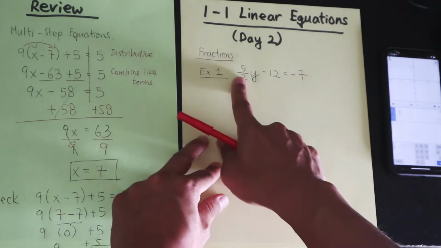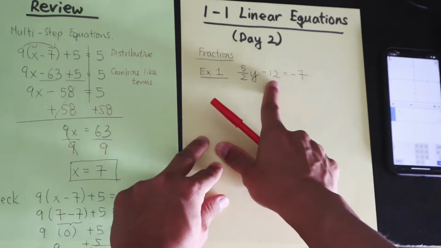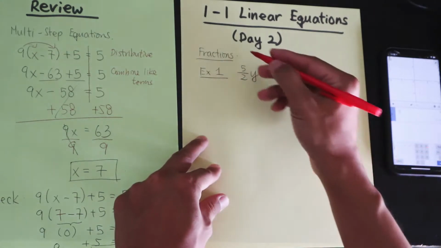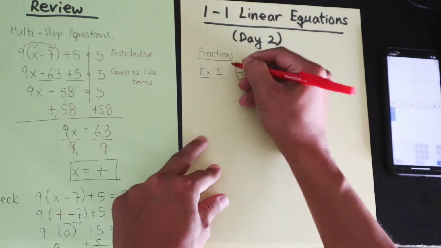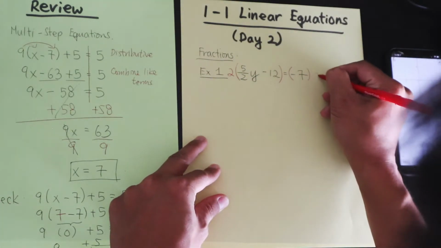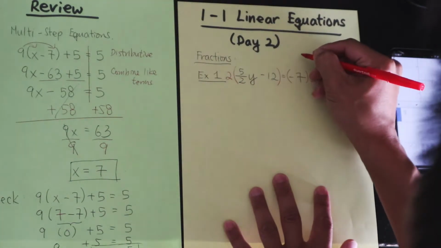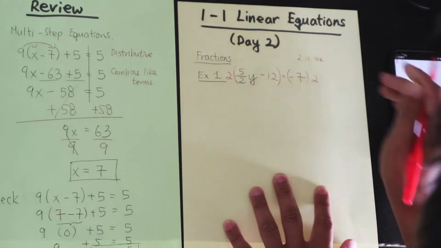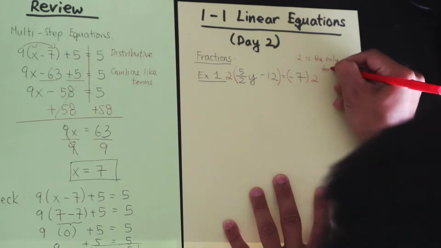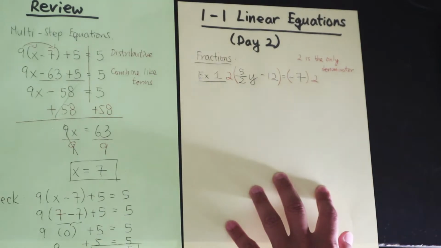So what you do is, since there's only a denominator of 2, I'm going to multiply every term I see in the equation by the number 2. So I'm going to put 2 multiplied by 2 on the left side of the equation, and multiply 2 on the right side of the equation, because 2 is the only denominator.